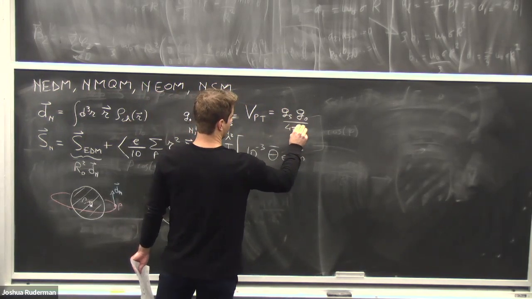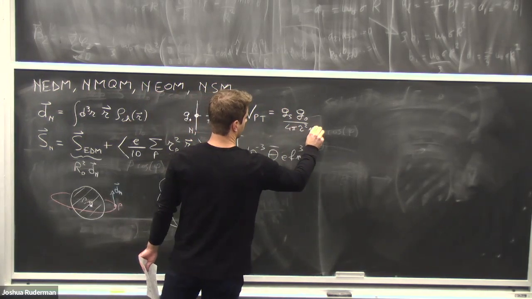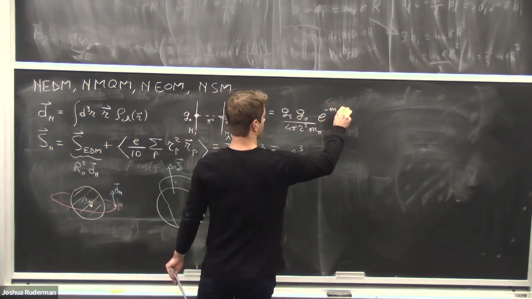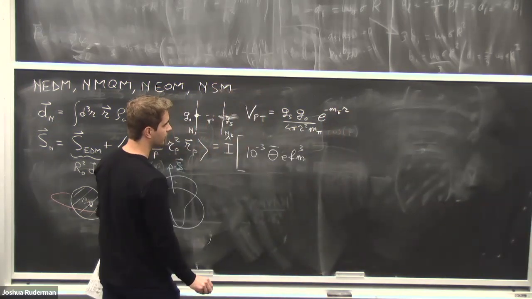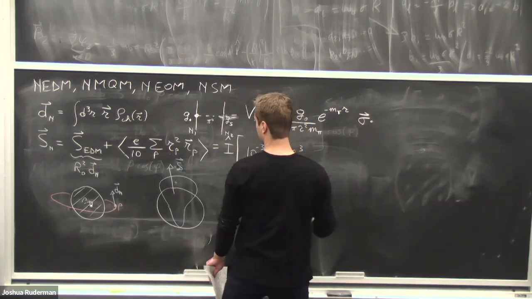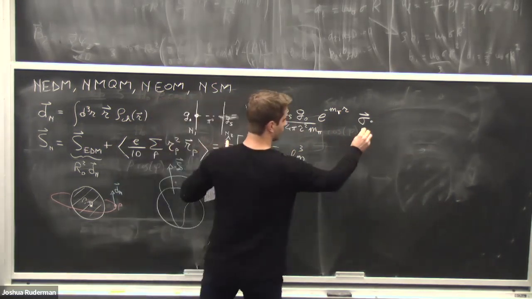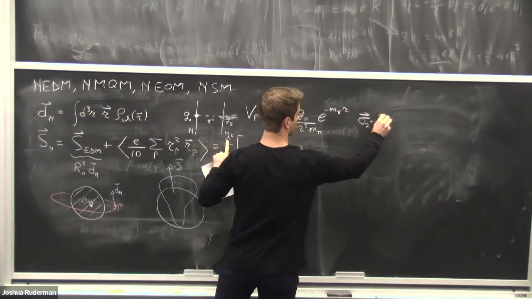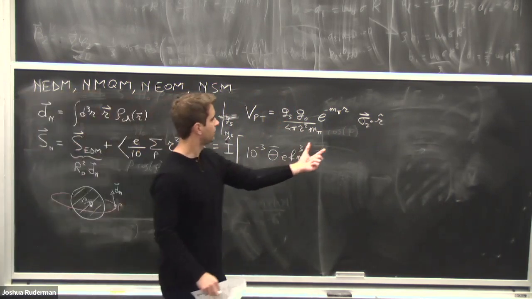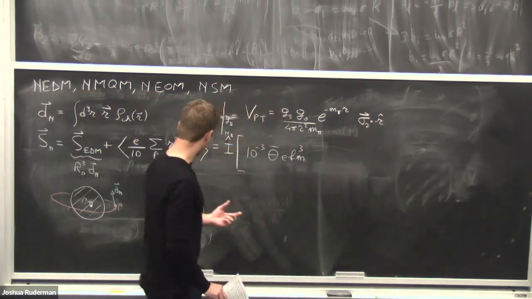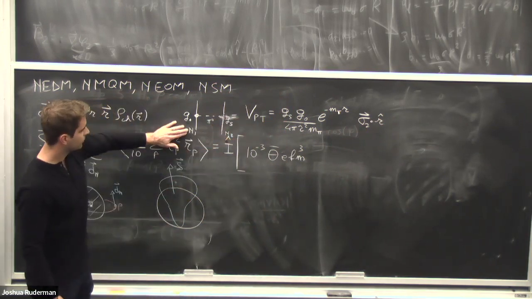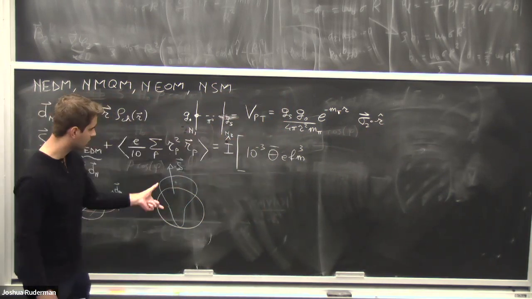So 4 pi r squared, and the pion mass sets the range. The pion comes with its wavelength, and it's parity violating because it's the spin of nucleon 2 dotted into the separation direction. So this thing is P and T odd. So that's this interaction where this is a core nucleon and that's a valence nucleon, which causes this pear shape.